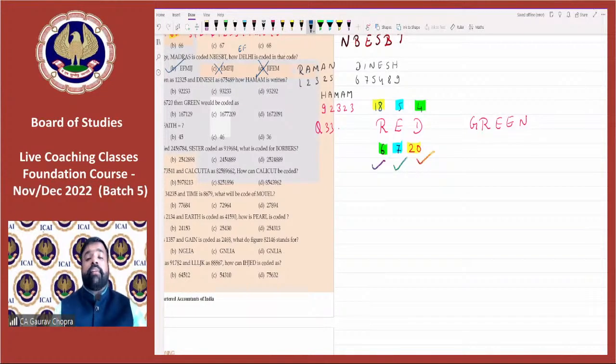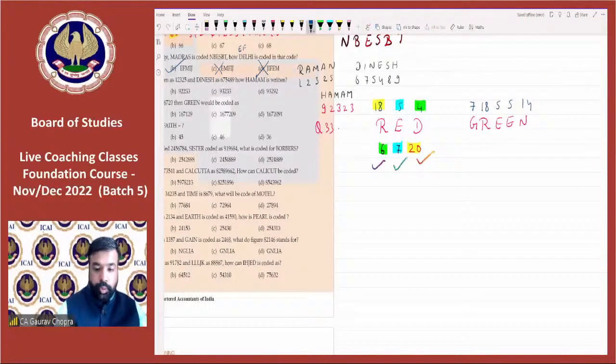So green is having G. What is G? 7th position. R is 18. E is 5. N is 14. Add the number 2 and write in reverse order. So let's add 2.